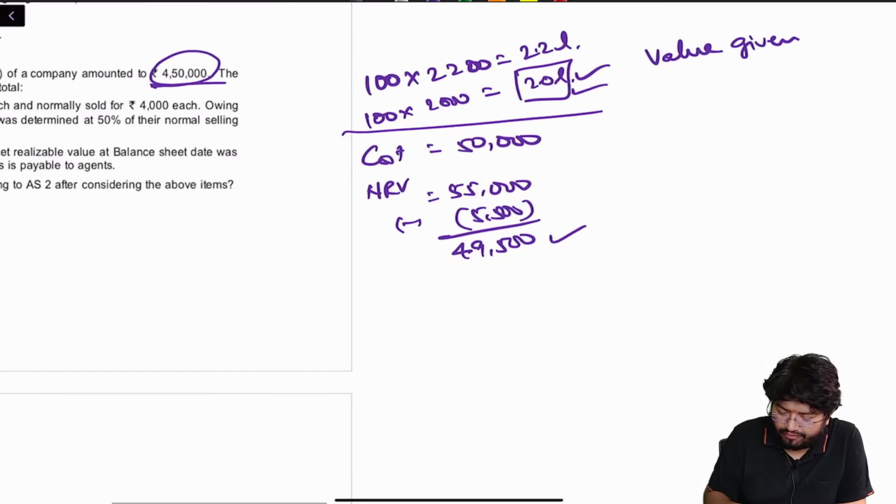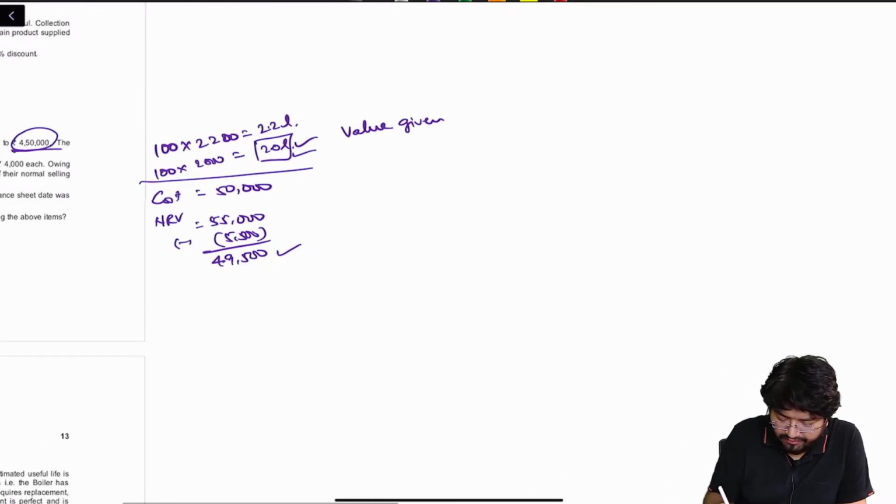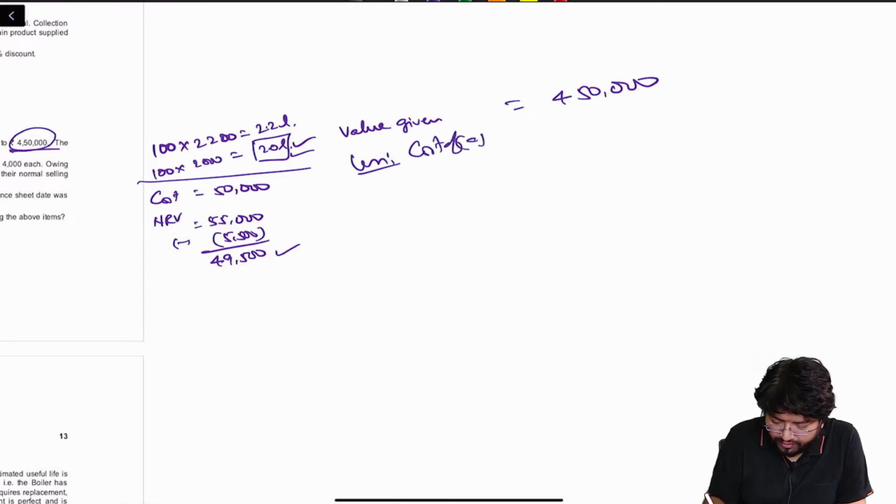You are supposed to show value given. Value given is 4,50,000, less cost of A, 2,20,000 actually. Again less cost of B, which is 50,000.